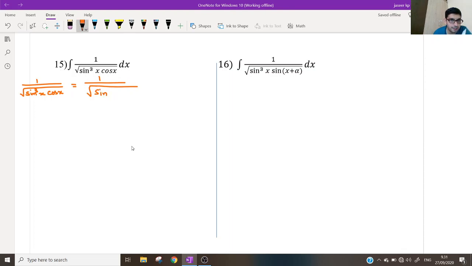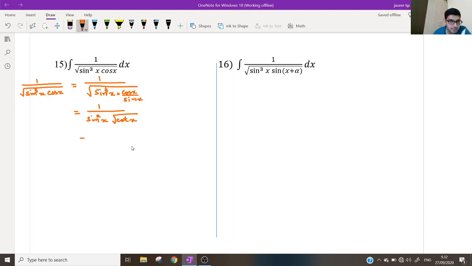So it will become sine to the power 4 x into cos by sine x. So now under root sine to the power 4, when it is coming outside the root, it will become 1 by sine square x. Then cos by sine is cot, under root cot x.